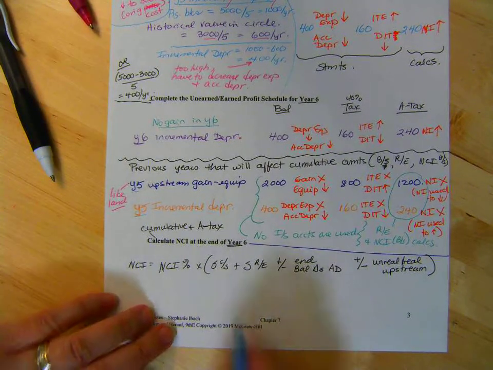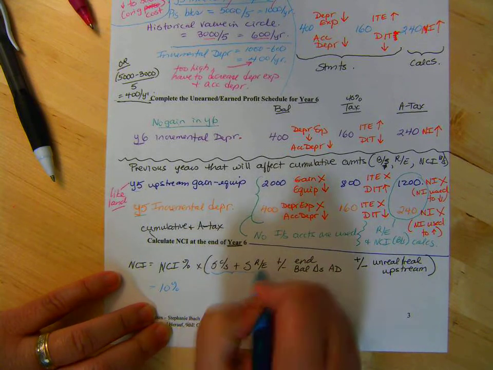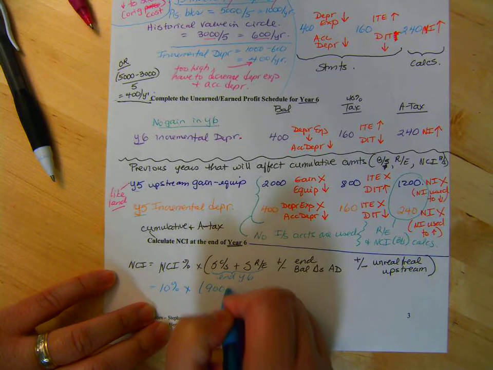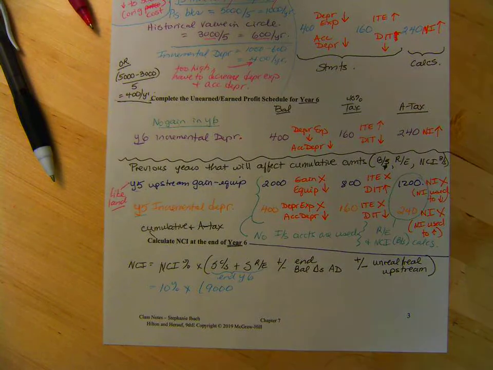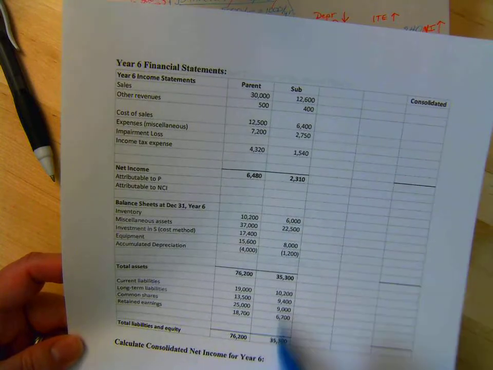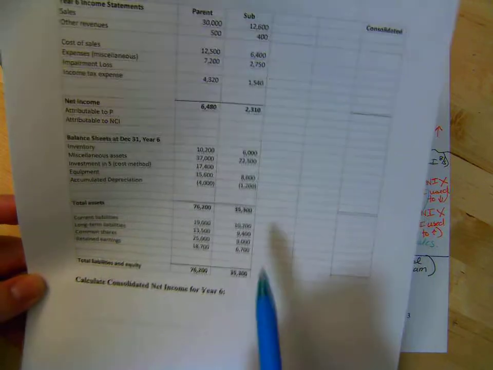So that's going to be 10%. Remember, this is at the end of year 6 times 9,000, which if you go to page 4, you'll see the end of year 6, and we're looking for the common shares and retained earnings.